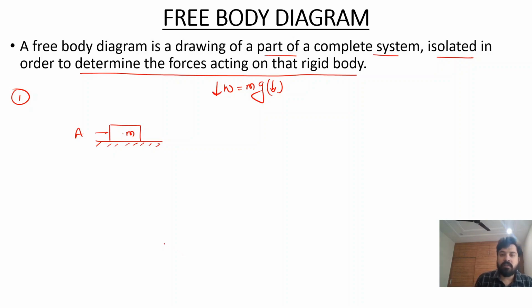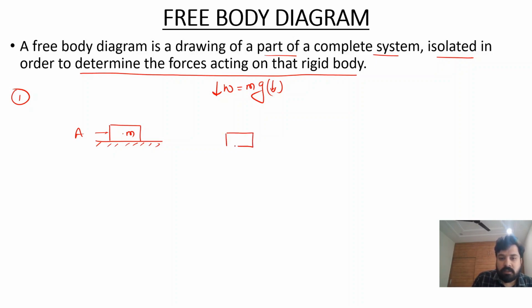Then how do we draw the free body diagram of this system? To draw a free body diagram, firstly we have to separate all these bodies. What do we have to do? First, separate these two bodies. Then we draw the forces on those bodies.